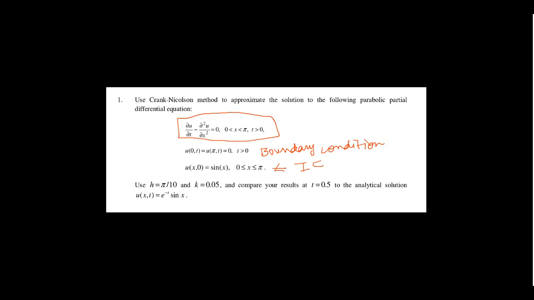So we have to solve this u_t equals u_xx using the Crank-Nicolson method with step size pi by 10 in space and 0.005 in the time direction. We have to compute it at 0.5, but let's evaluate only at the first level.